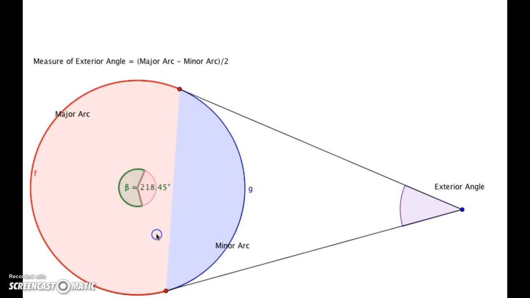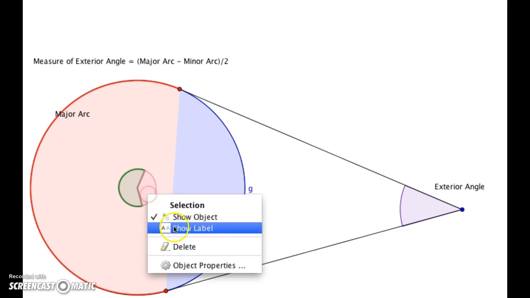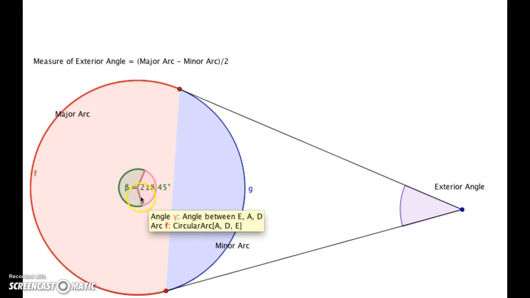So we're going to see the angle measures. The angle that subtends the major arc has a measure of 218.45.